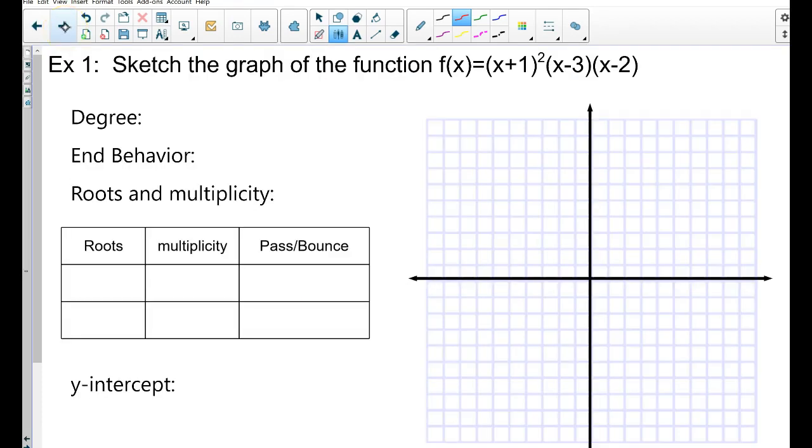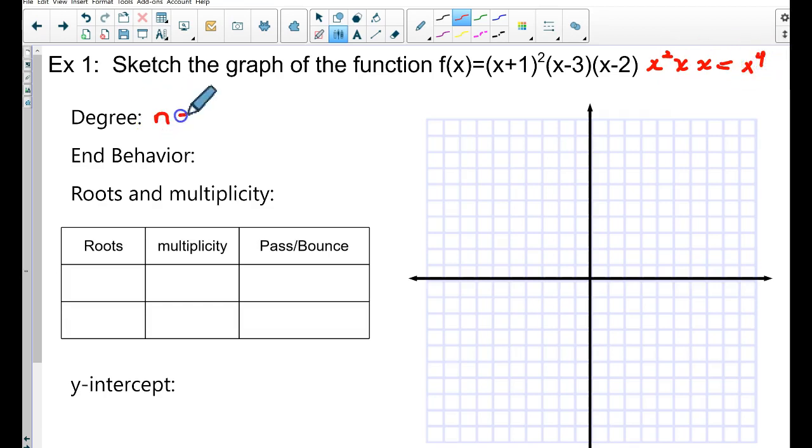For the next problem, we are actually going to graph this polynomial by hand without the use of a calculator. The first thing you want to do is establish the degree of the function so you can determine its end behavior. You would just look at that first term, which would be x squared times x squared, which is actually x to the 4th.